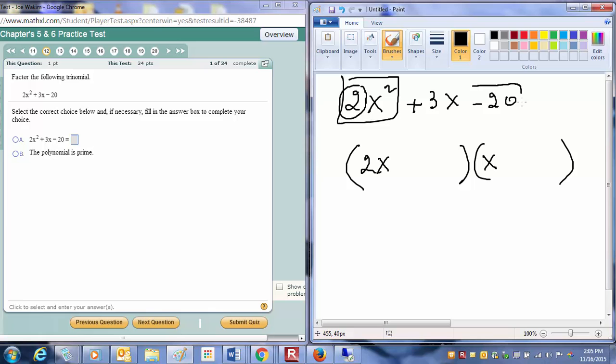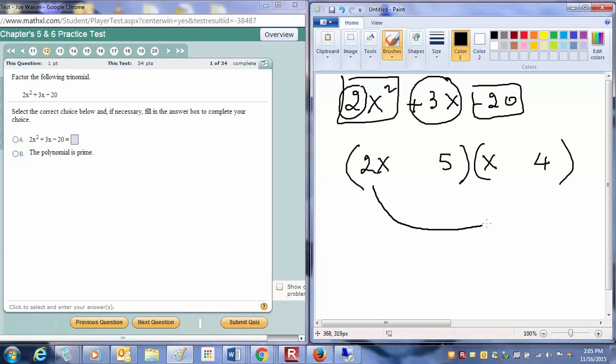How do we get negative 20? That's either 4 times 5, 10 times 2, 20 times 1. But we want 3x in the middle. That's the critical part. So if I do 2 times 5, 10, and 4x, that's going to be 14x or 6x. That's not going to work. If I do 4x here and 5x here, that's going to work, because look what happens here.